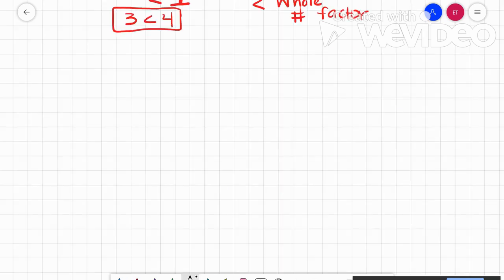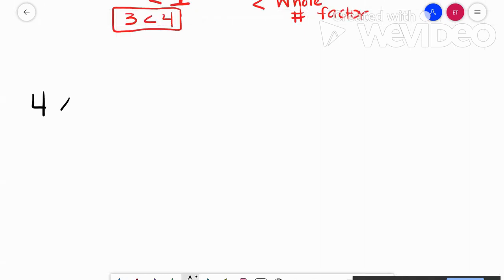Alright, now let's look at if we're multiplying a whole number by an improper fraction, or a fraction greater than 1. So still again, I can convert this improper fraction into a decimal, again by dividing. So I'm going to say 5 divided by 4.